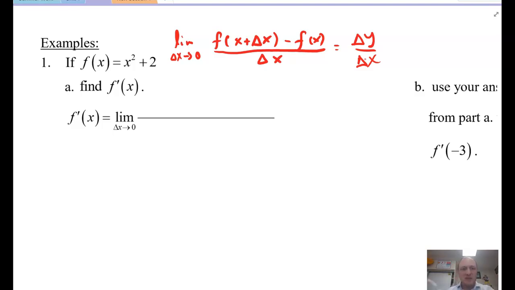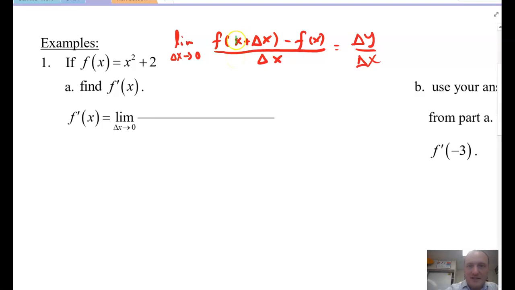So if f of x is equal to x squared plus 2, find f prime of x. What we're going to do is plug in f of x plus delta x into my function.